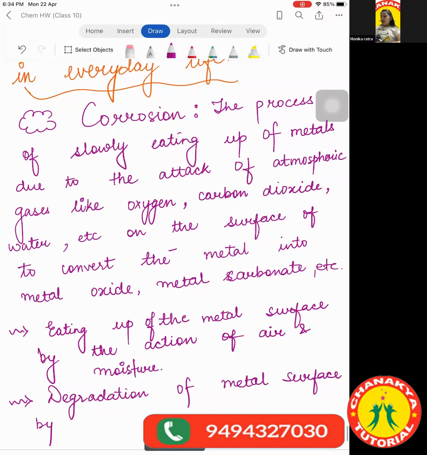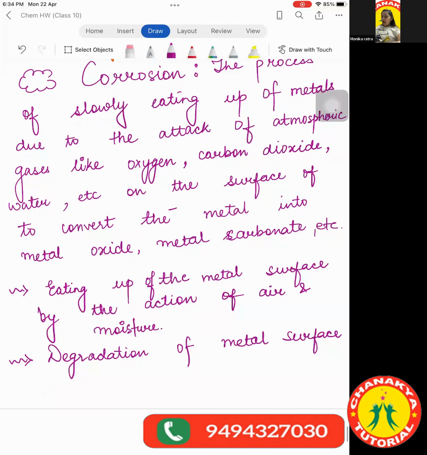Whenever the air and moisture come in contact with the metal, they lead to the formation of certain products which harm the quality of the metal and lead to the degradation of the quality of the metal. Clear, everyone? Yes, ma'am.